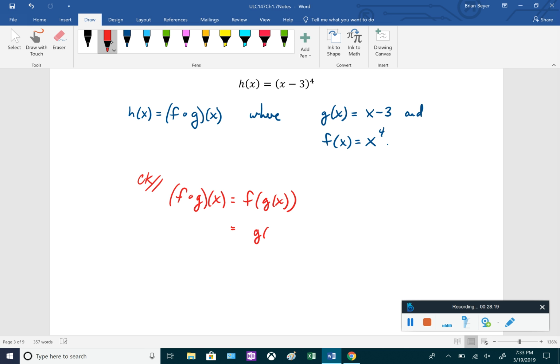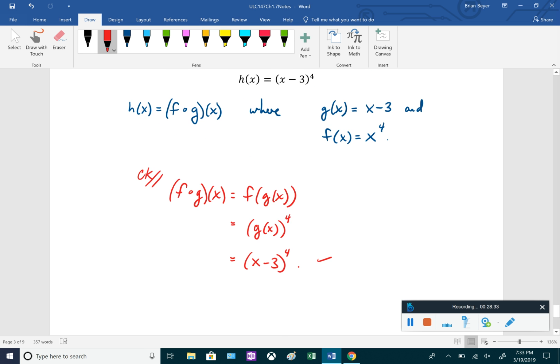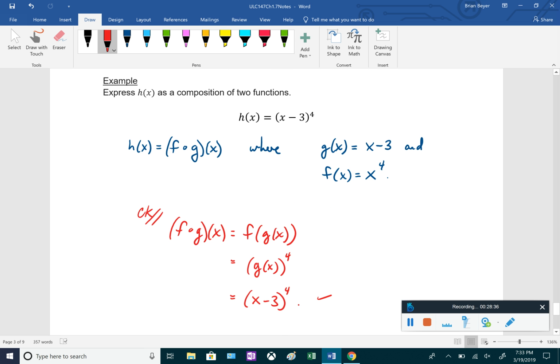So it's g of x to the 4th power, which is x minus 3 to the 4th power, which is what we started with, so we know that we chose correctly. Okay, so that's actually it for 1.7. It was essentially just new notation for adding, subtracting, multiplying, dividing functions, as well as composite functions and decomposing functions.